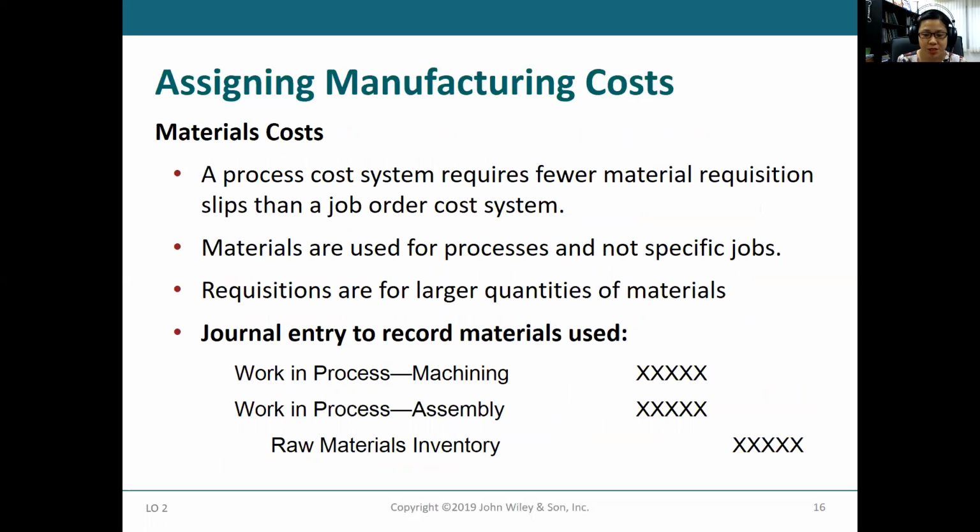If we use direct materials in the production process, we debit work in process for machining. This is for direct materials. Work in process for assembly, for the direct material that we use in the assembly department. And we credit raw materials inventory.